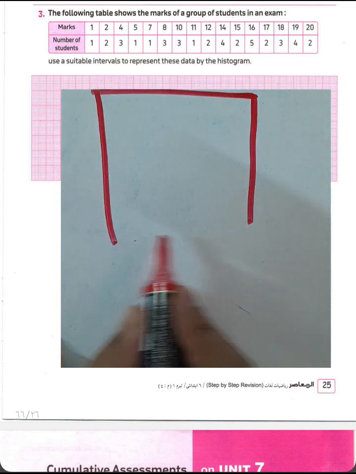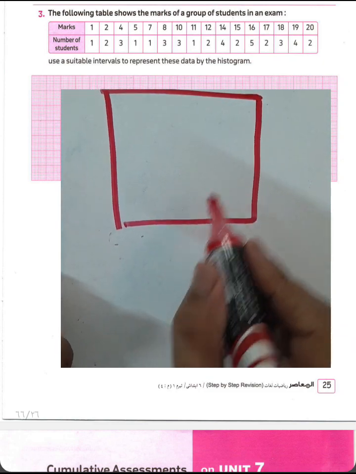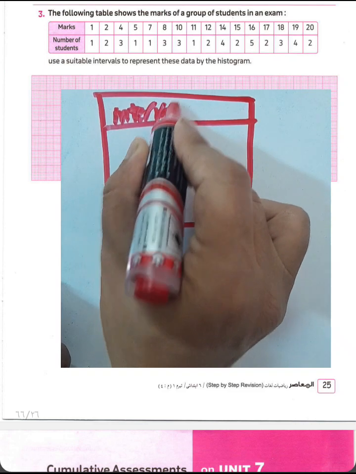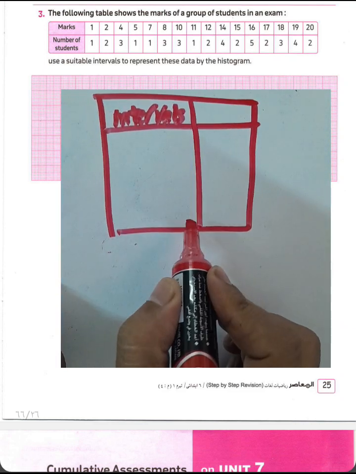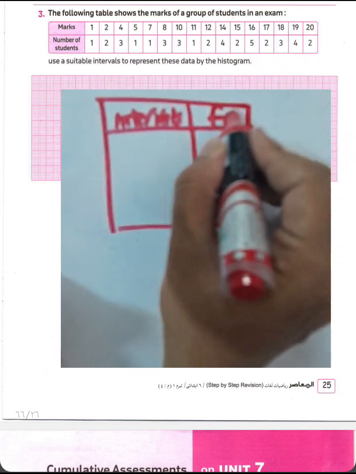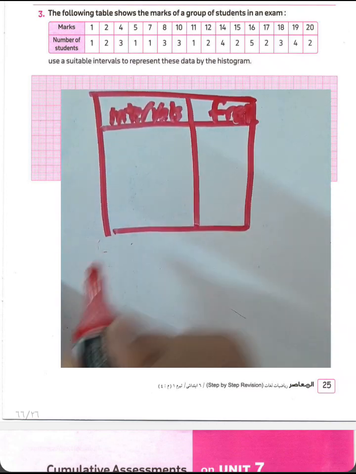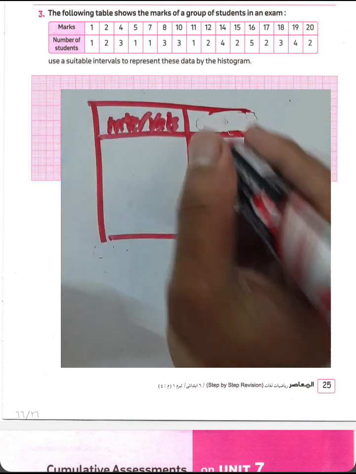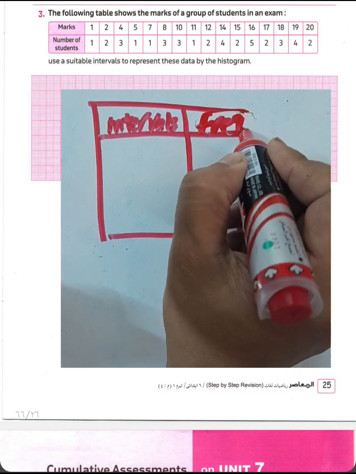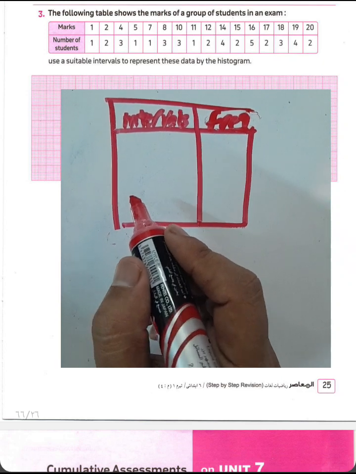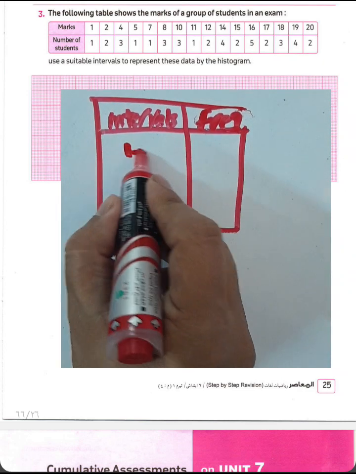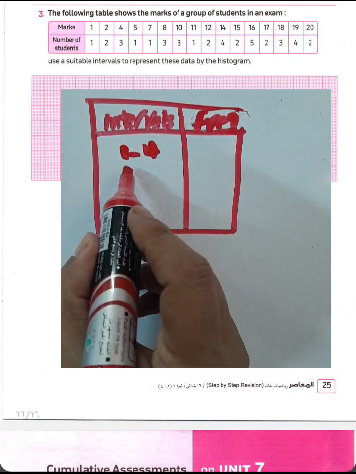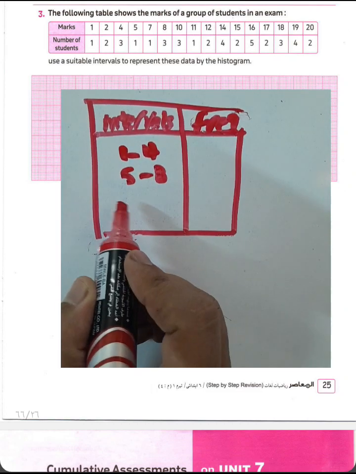comparing between intervals and frequency. Okay, interval and frequency. First interval, I will put 1 to 4, and then 5 to 8, 9 to 12.